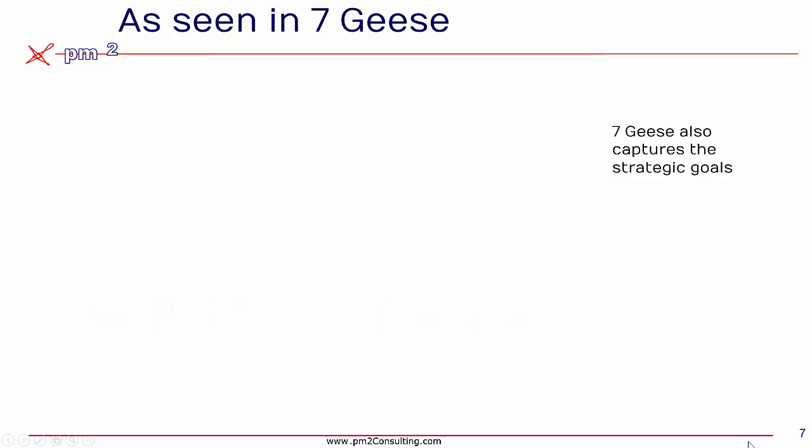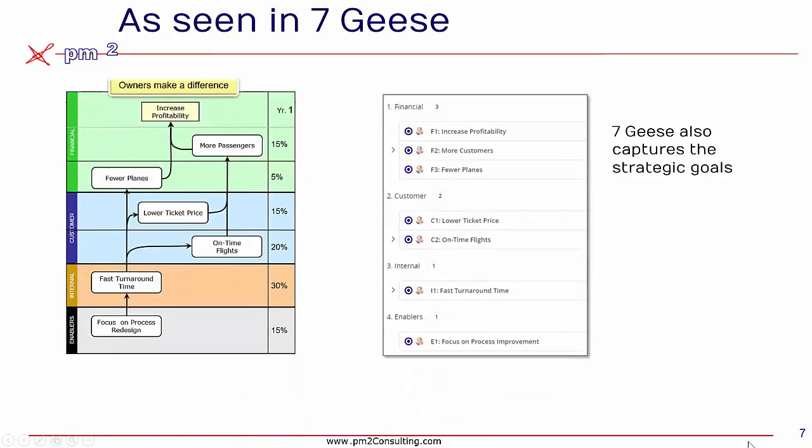So the first thing is to understand that those strategic goals are captured inside of 7 Geese. And just to be a bit more detailed, this purple icon here indicates a corporate objective, and it happens to have the image of the person that owns that particular objective.